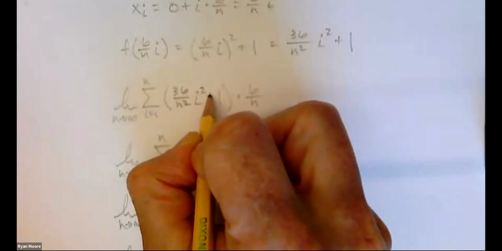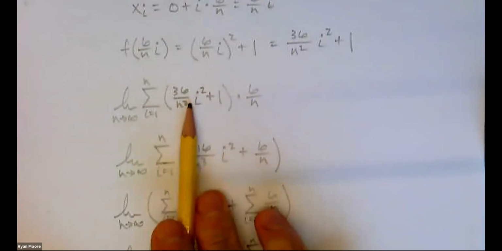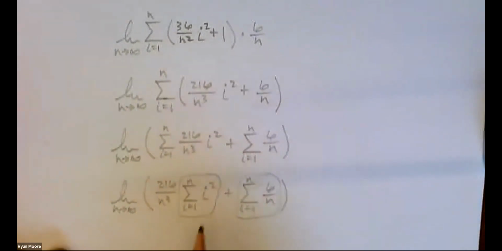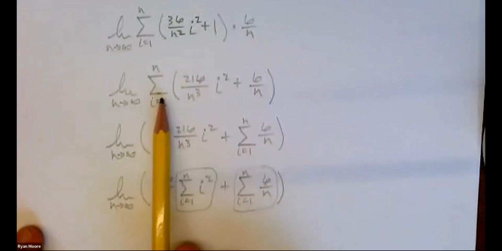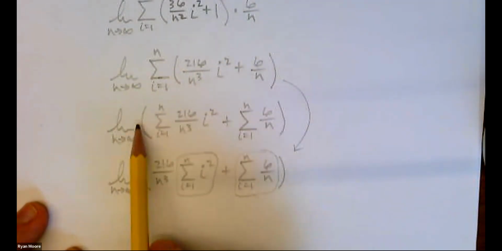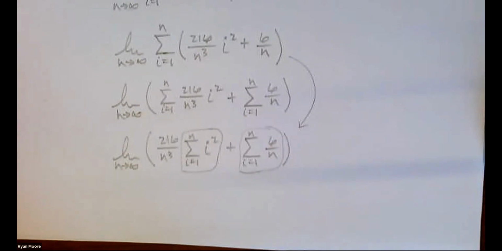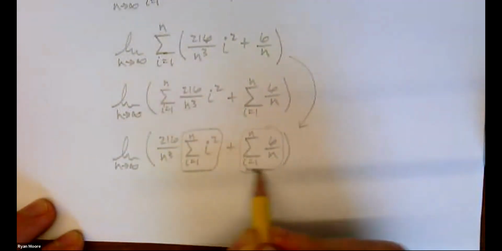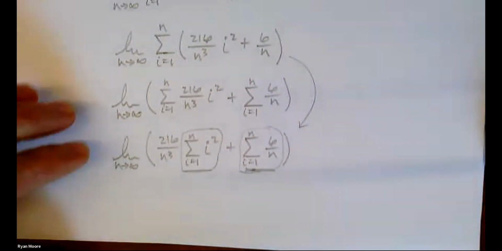Once you do that, distribute the delta x. Then you can start moving stuff around. Once you get comfortable, you can probably just jump over this middle step where we put it to each one. Just go ahead and take any constants out like that. Then take advantage of using our sigma formulas.